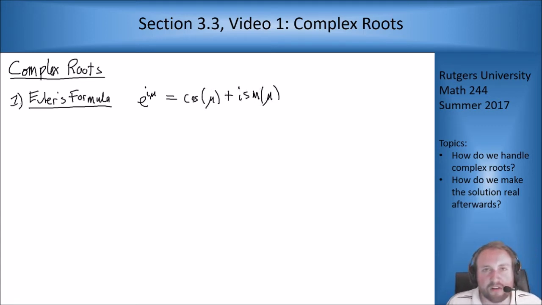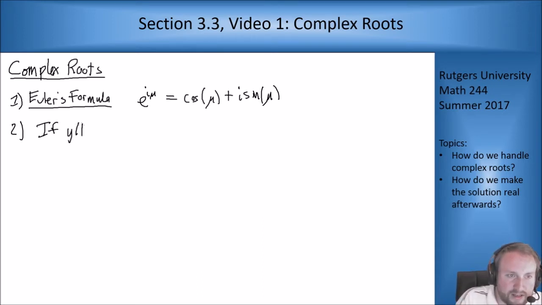And the second fact we're going to use, we discussed at the end of section 3.2. It basically says that if I have a real valued operator, so all my polynomial coefficients are real valued, and I get a complex valued solution, then the real and imaginary parts of that solution are both solutions in their own right.